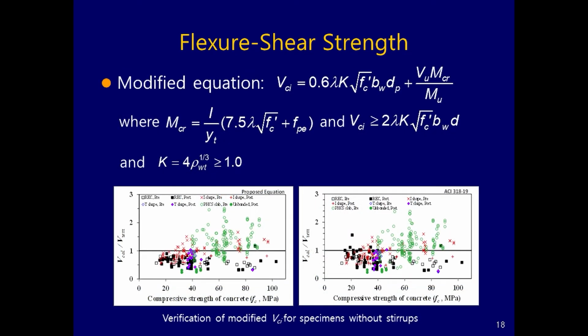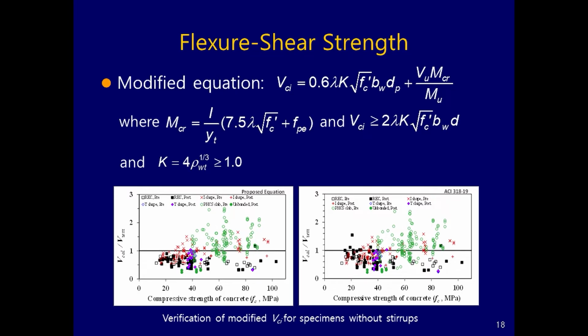So the modified equation looks like this. Vci is equal to 0.6 lambda, where lambda is the lightweight aggregate factor, K is 4 times ρ_w to the 1/3 power, square root f'c in psi unit, b_w d_p, plus Vi Mcr over Mmax. For Mcr here, you don't have a small fd term, and then you use 7.5.